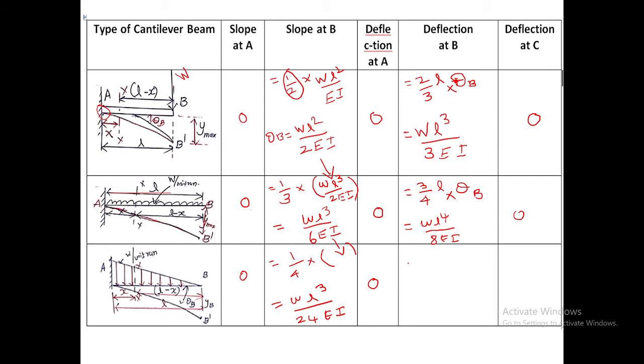Deflection at point B is equal to 4 by 5 L into theta. So the answer is W L power 4.